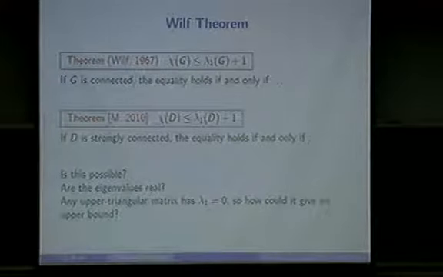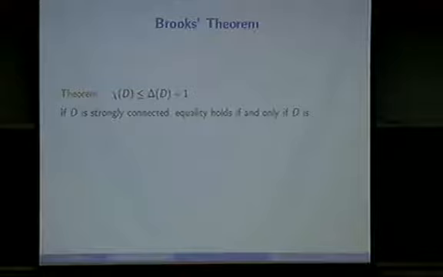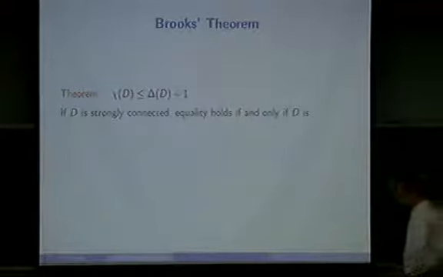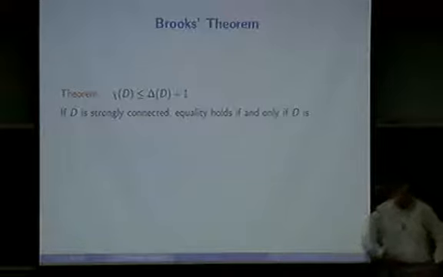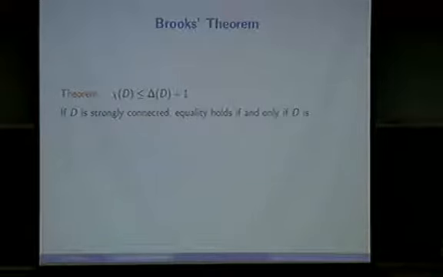Okay, so let me continue. Brooks' theorem is weaker than this, but here is the version of Brooks' theorem. I have to prove Brooks' theorem for digraphs too. It has the same flavor: there is the trivial part, and the equality can happen.